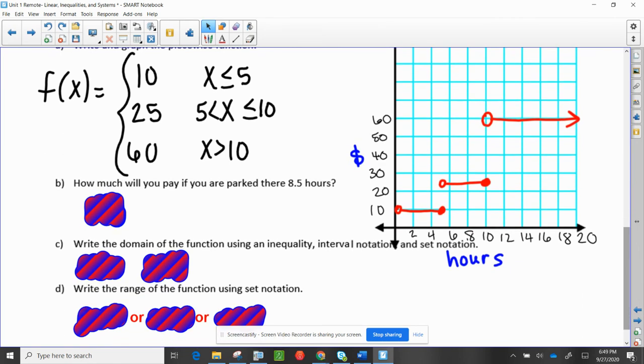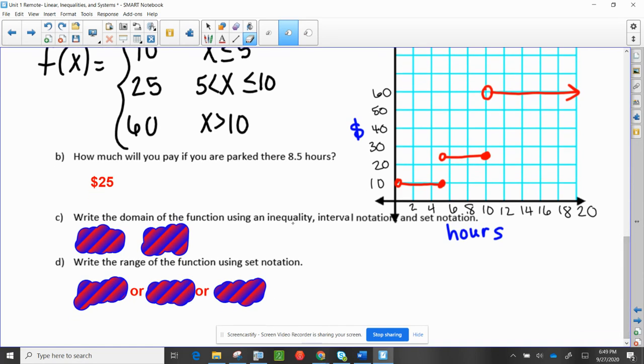If you parked there for 8.5 hours, how much would you have to pay? Well, hopefully you said you'd have to pay $25. 8.5 hours would fall in this step right here. So that would be between 5 and 10 hours. So you're paying 25.